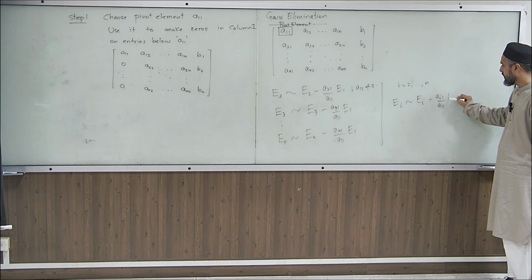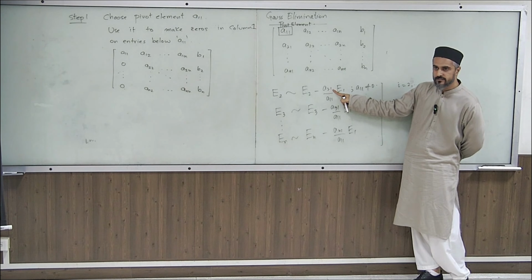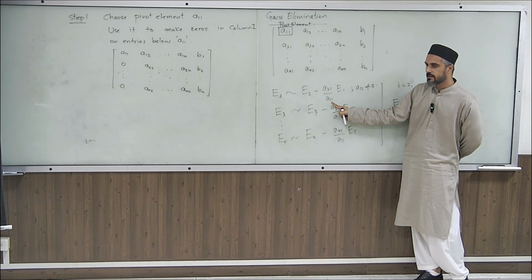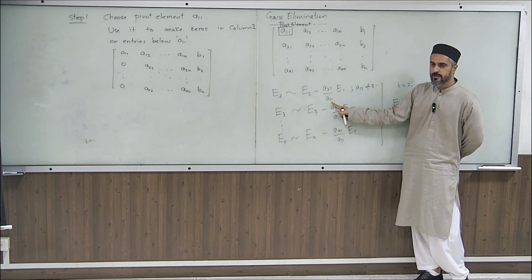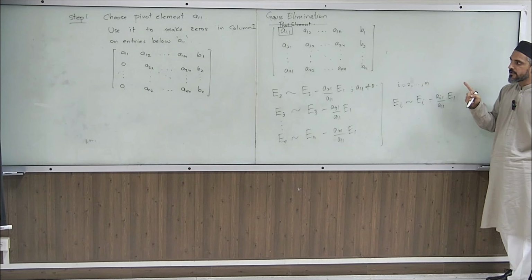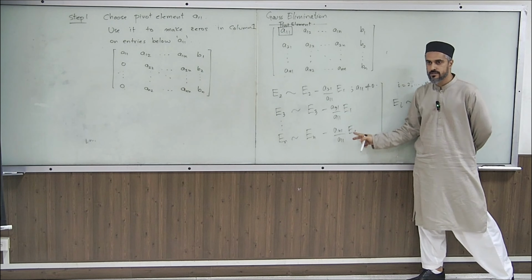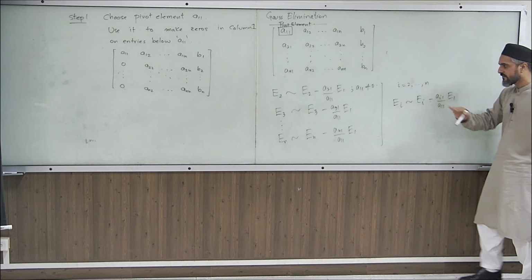So I just wrote it in an easy form. The only constant thing in this equation is the index E1, then you have the second index of the numerator, and in the denominator both indices are A11. So you see the pivot element is being divided in every iteration, in every equation.